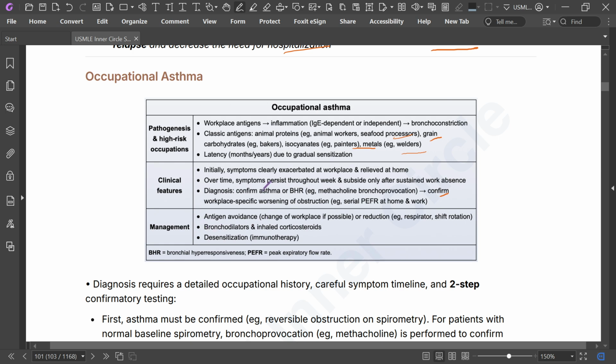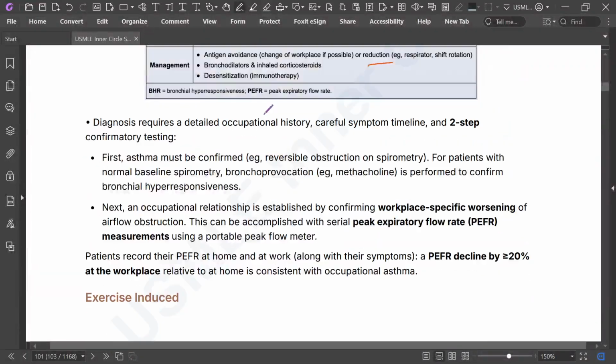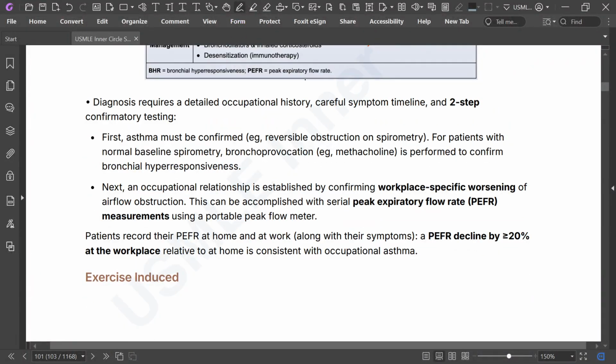Management: antigen avoidance or reduction, respirator, shift rotation, bronchodilator and inhaled corticosteroid, and desensitization immunotherapy. Diagnosis requires a detailed occupational history, careful symptom review, and two-step confirmation. First, asthma must be confirmed by reversible obstruction on spirometry.